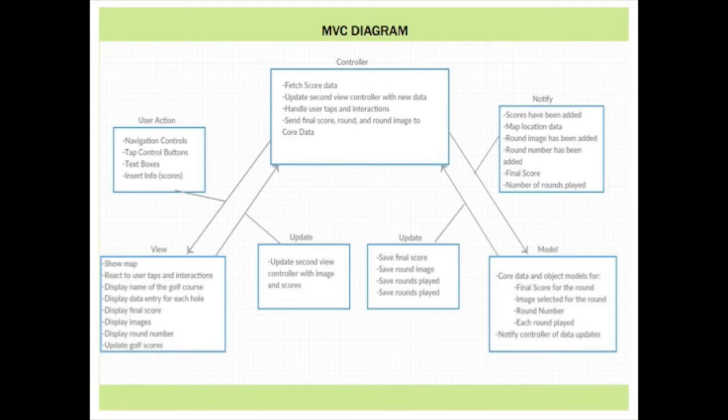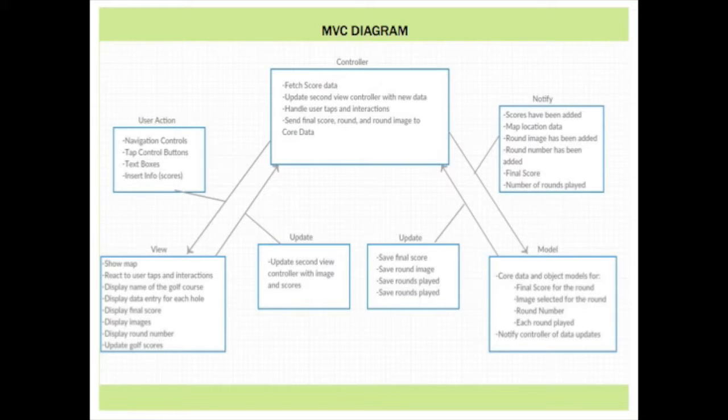Here is the MVC diagram for iScore. Starting with the controller, it can fetch score data, update the second view controller with new data, handle user taps and interactions, and send final score, round, and round image to core data. The user actions from controller to the view will include navigation controls, tap control buttons, text buttons, and insert info or scores.